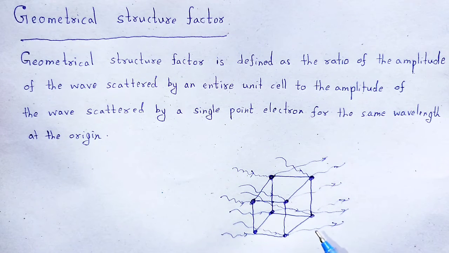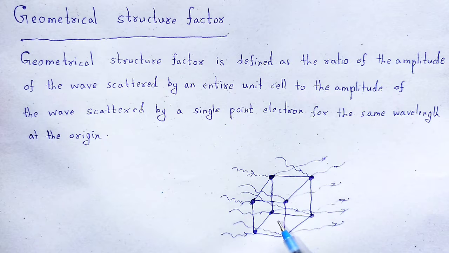The total intensity of the scattered beam from a unit cell is not equal to the number of atoms times the intensity of the beam scattered by one atom.